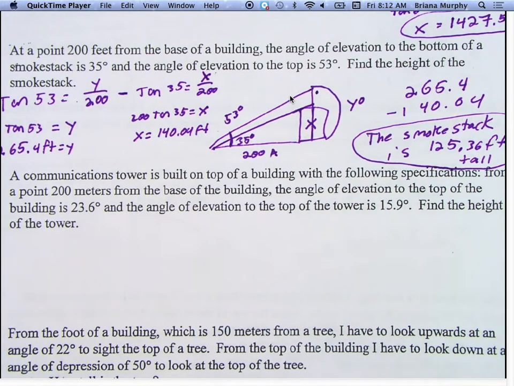Find the height of the tower. So try to draw that picture. It's very similar to our last one. We're still 200 feet away. We've got a tower with something on top of it, and we know our angle of elevation to the top of the building is 23.6, and the angle of elevation to the top of the tower is 15.9.